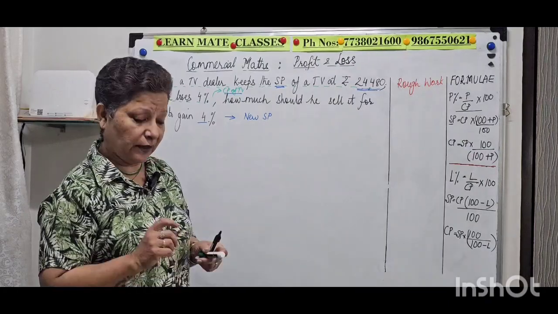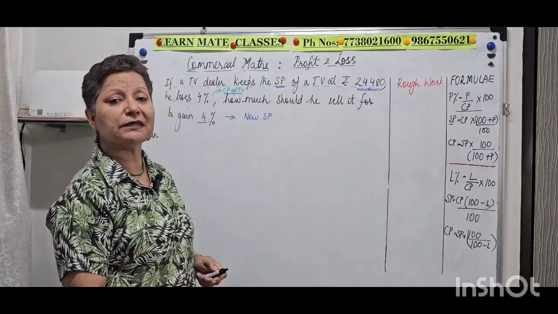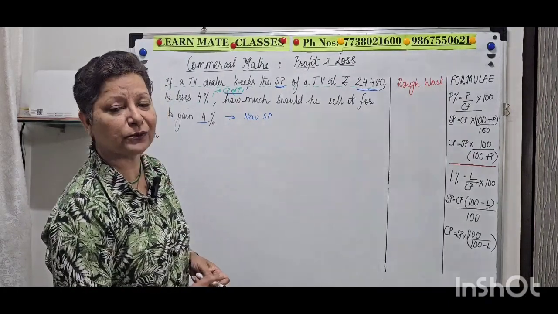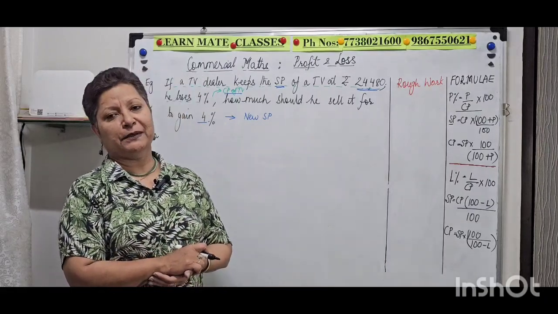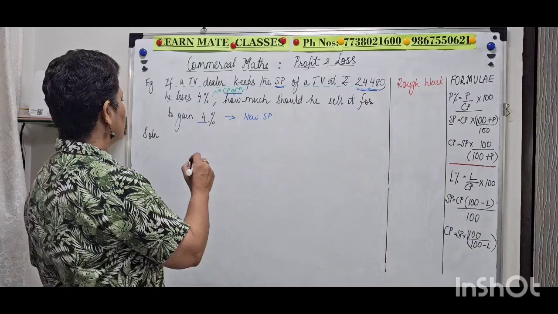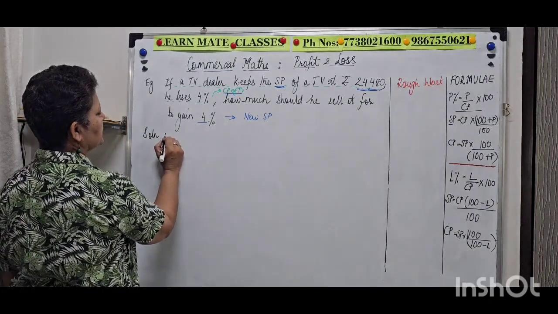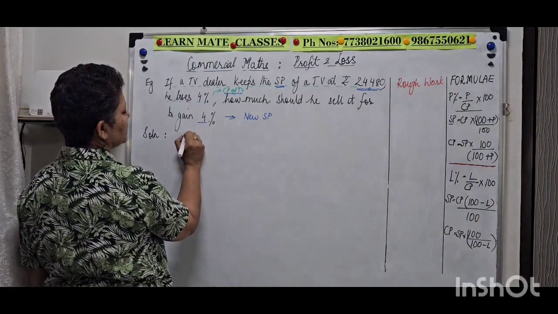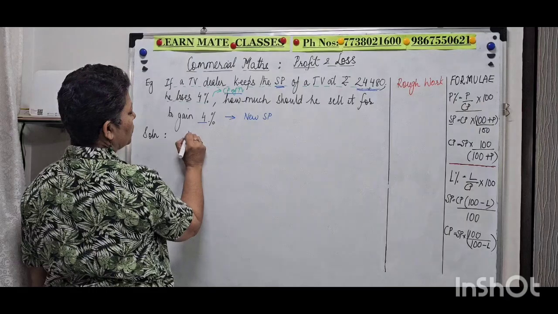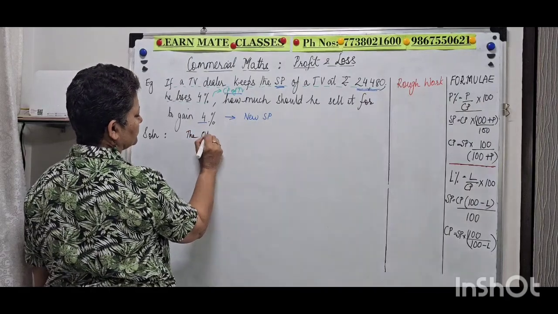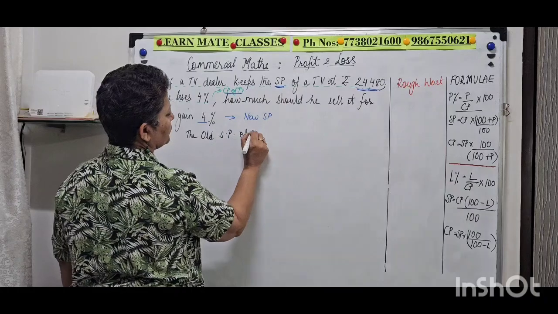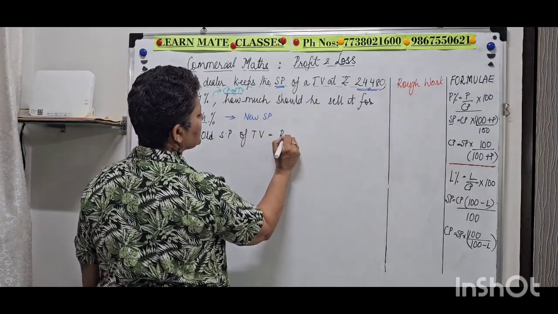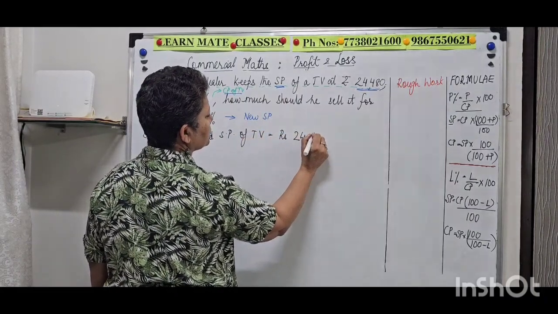So, having understood what is to be done, it becomes very easy then to do the sums because it is a mere use of the percentage formulas. So, let's just write down what the solution is. Let's just write down what is given. So, the old selling price of TV is given as rupees 24,480.